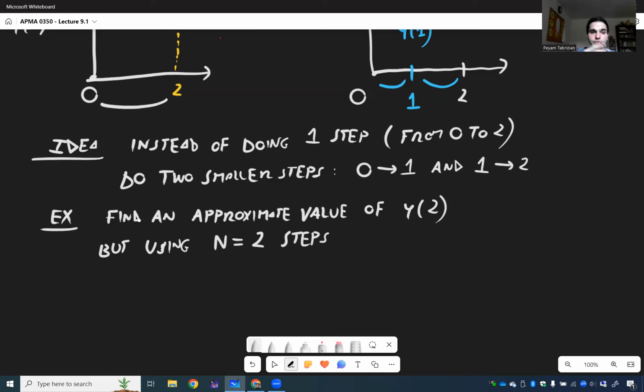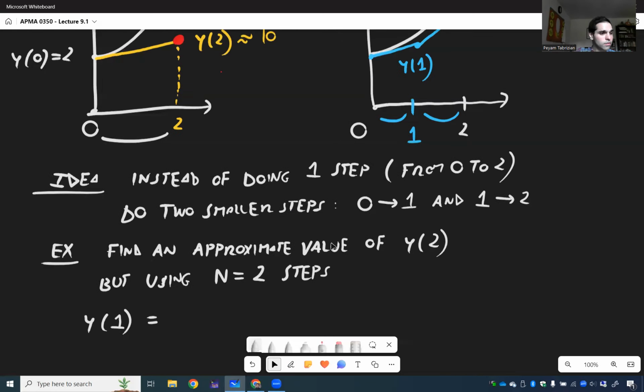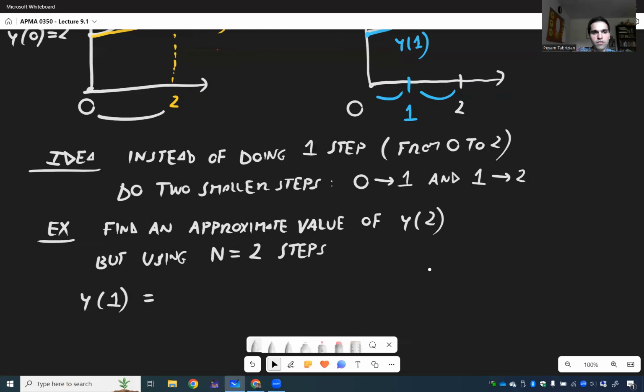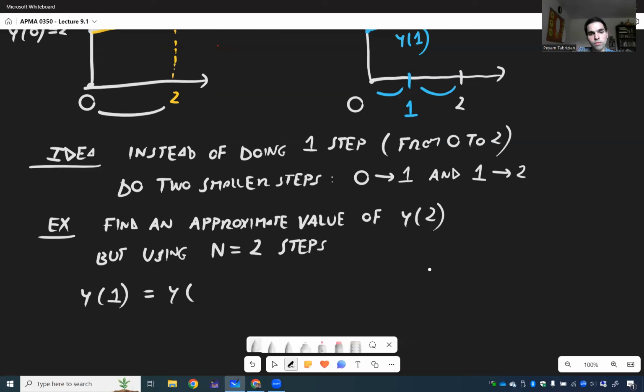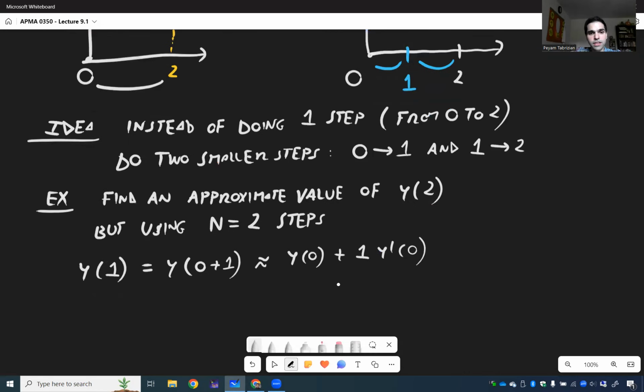Okay. So once again, we had y of 0, which was 2. But now what we want to find, based on this picture, we first want to find y of 1. So y of 1 is again the future compared to 0. And remember, future is present plus h times the ODE, y prime of 0. So here h is 1 in this case.